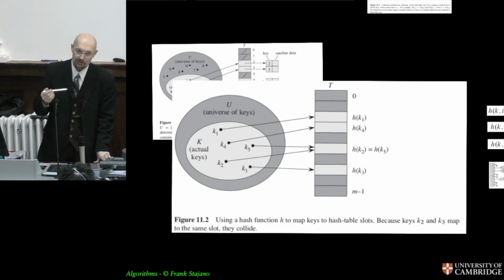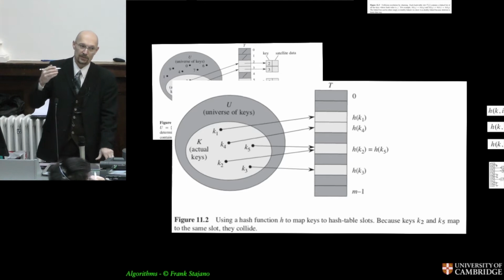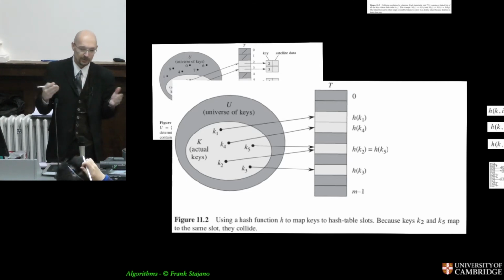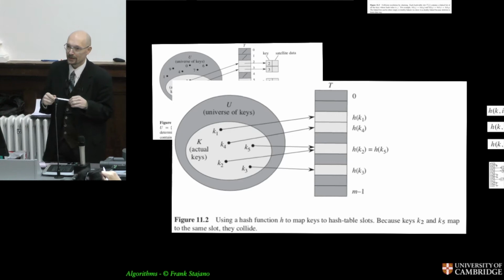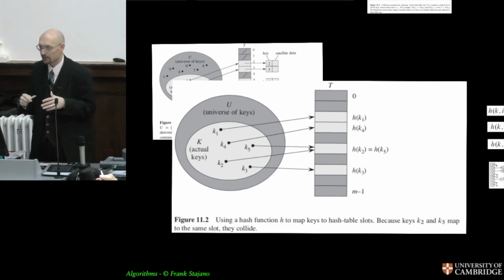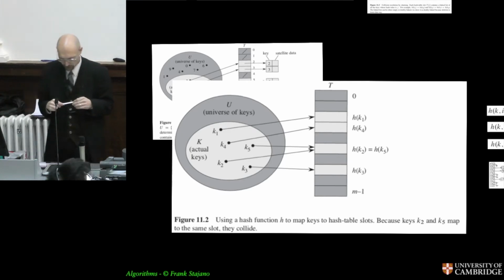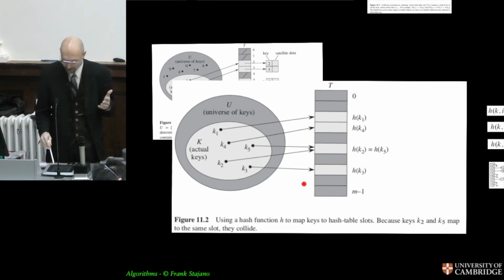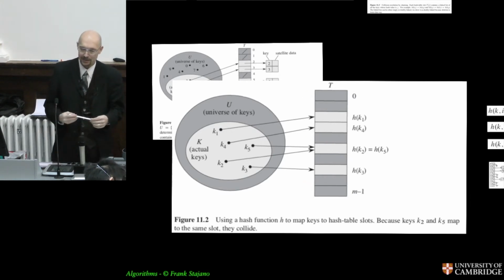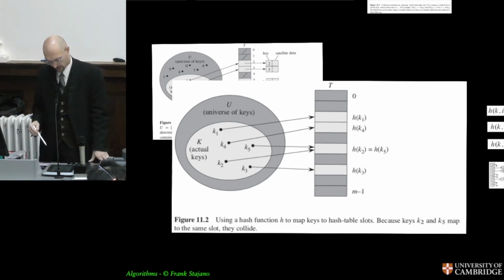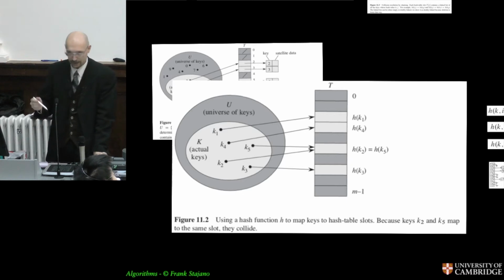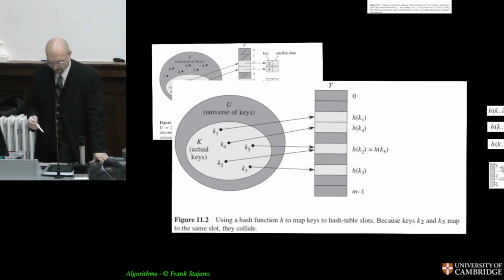And I dimension this array not thinking of the size of the universe of keys, but thinking of how many keys I expect to store in there with a bit of margin. So this will be closer to the 100,000 students I'm expecting to put in than to the 2 to the 80 or 2 to the 160, however many possible keys I might have if I consider all possible strings of that length, most of which I'll never use.